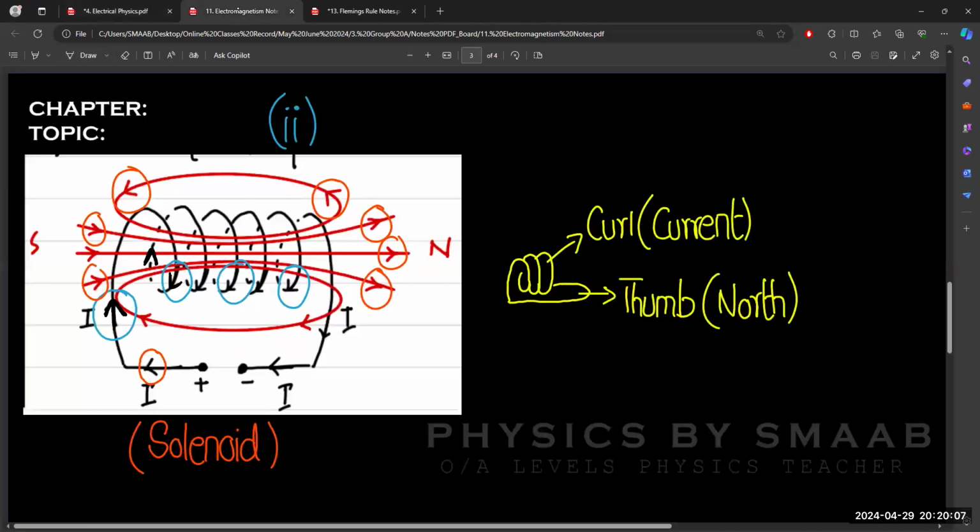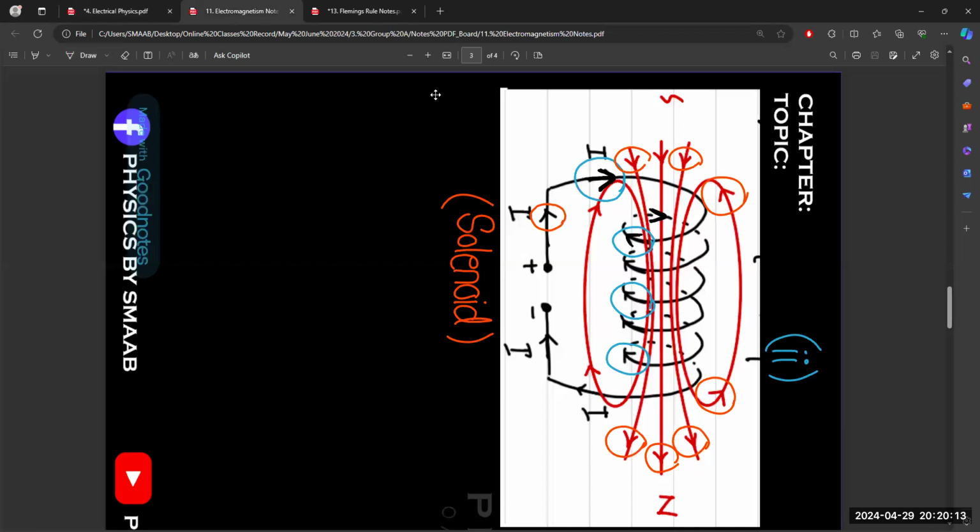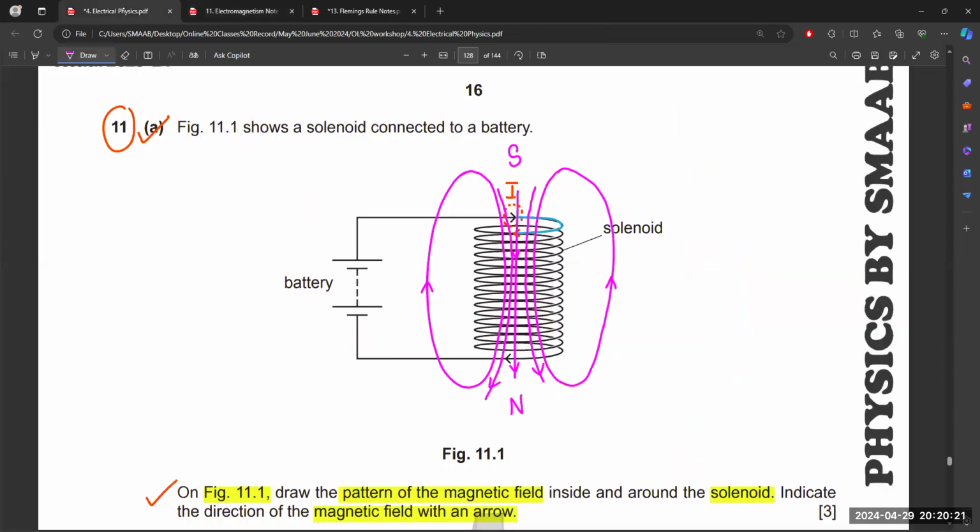Right? This is the same diagram. If you flip this diagram, you will get the same idea as the question. You can see current is moving like this, so you are getting the same diagram in this question.